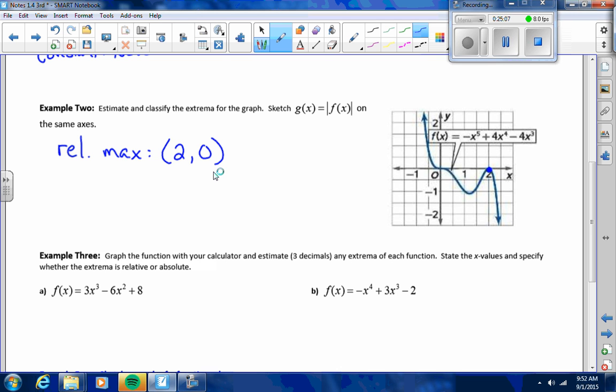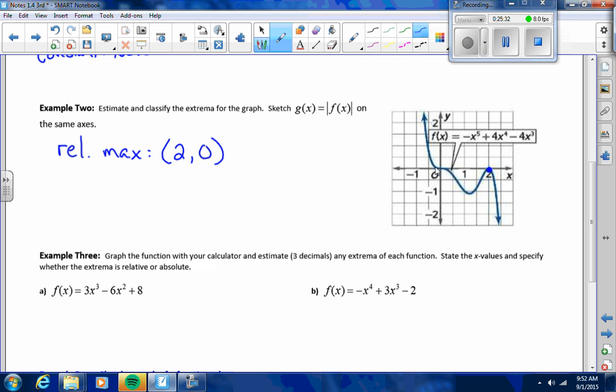Do we have a different relative maximum? Okay, so let's look and see at 0, 0. It has the cubic function tendency right in there. It is decreasing the entire way, and so it's not really coming to a defined peak.